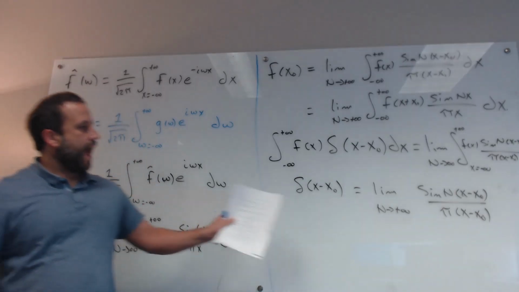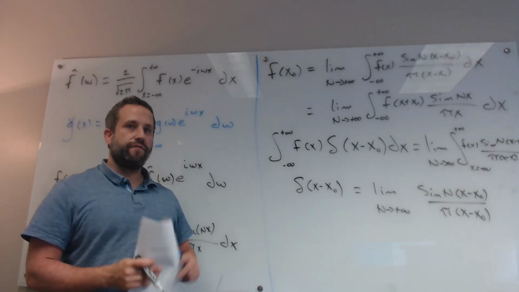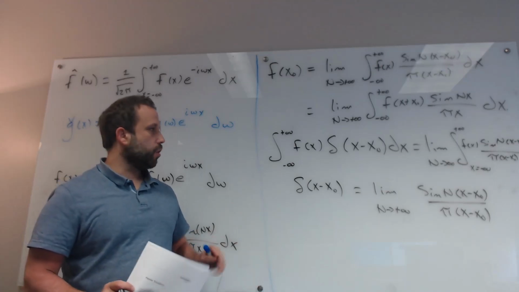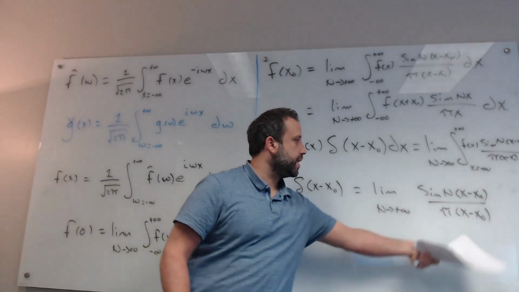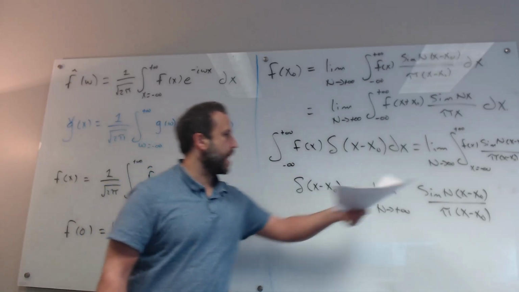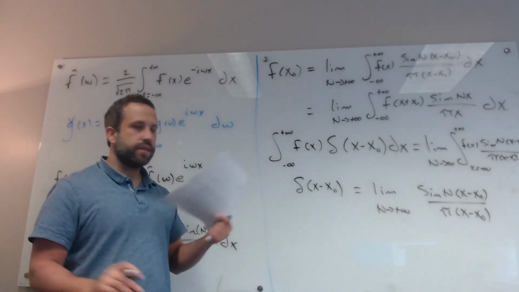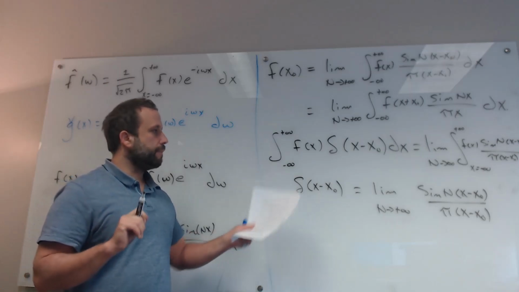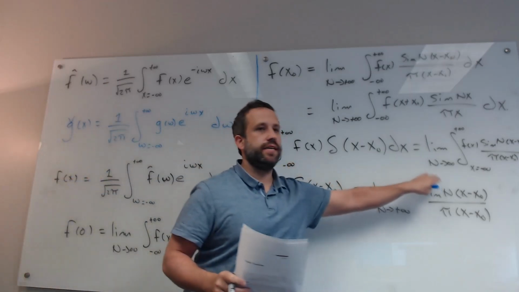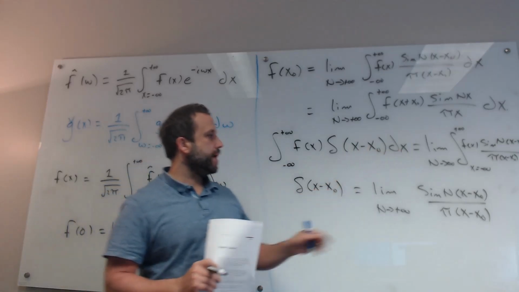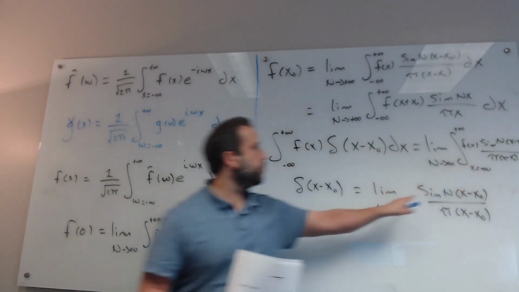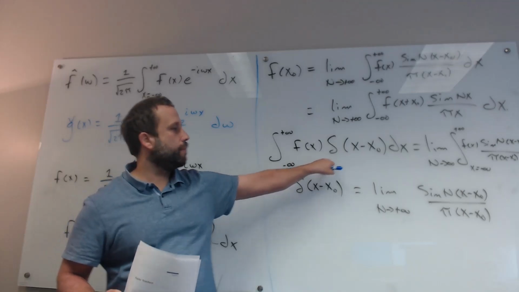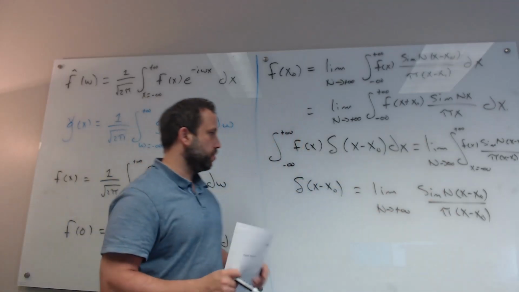But it's not a pointwise limit of functions here. In other words, I'm not saying for every x you put in here, you're going to get this, or for every x naught you put in here, you're going to get that. This is not a limit that you are probably used to seeing. It's not a pointwise limit. It is a limit in this sense: if we integrate this, we get this same integral. But we have to have the limit on the outside of the integral.